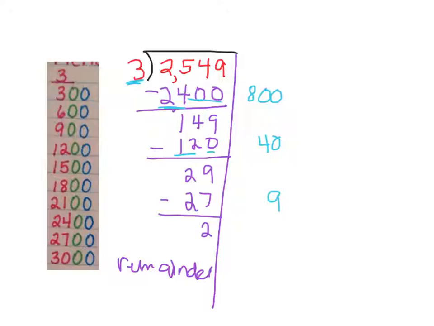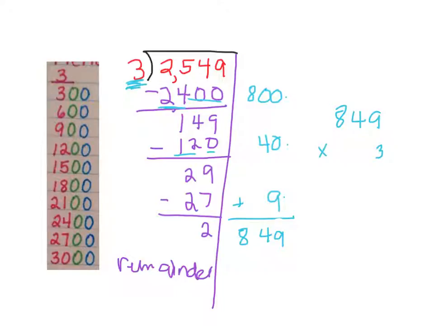Let me add up my partial quotients over on the side. 800 plus 40 plus 9 equals 849. Oops. Make that into a 9. Check my work by taking 849, multiplying it by 3.